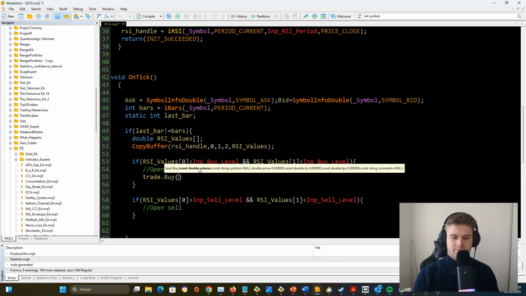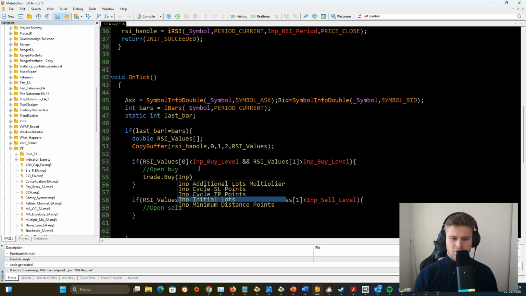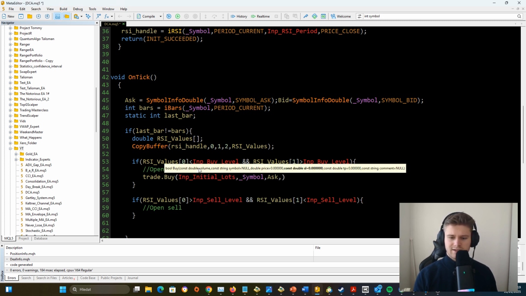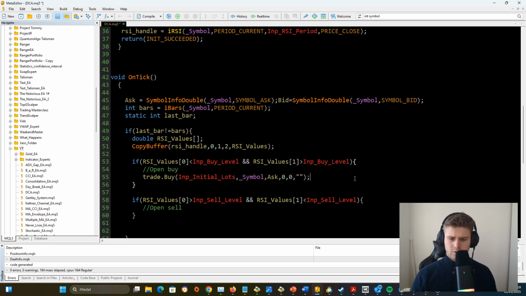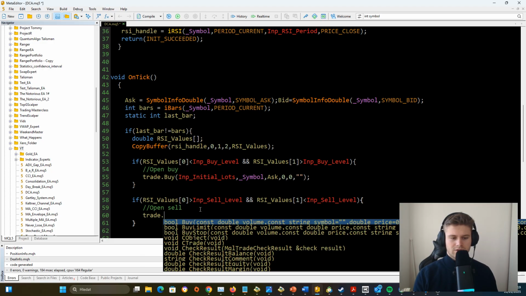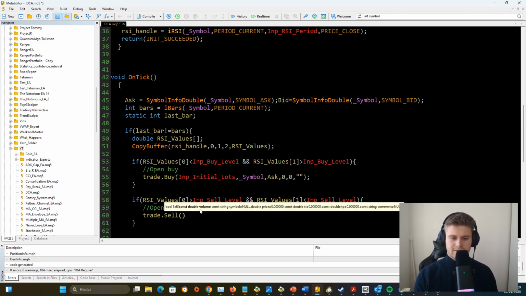So trade buy position. Double volume is input initial lots. Symbol is symbol, price is ask price, stop loss is 0, take profit is 0, and we don't have to give it any comment. So trade sell, and the same thing right here.